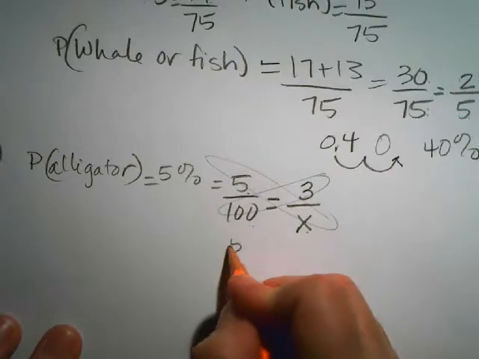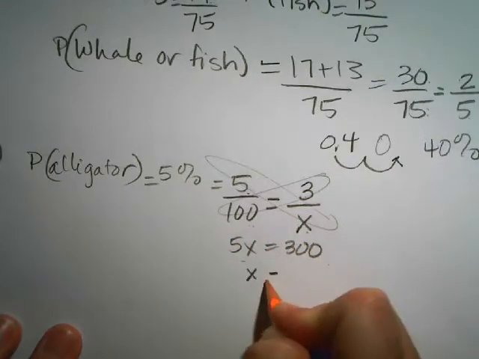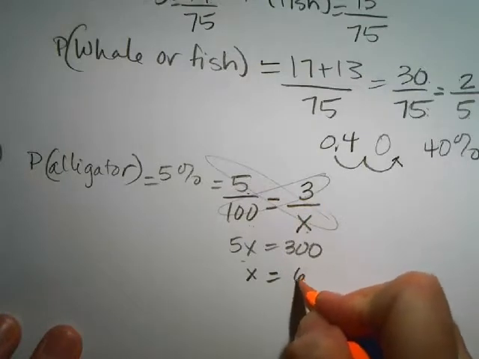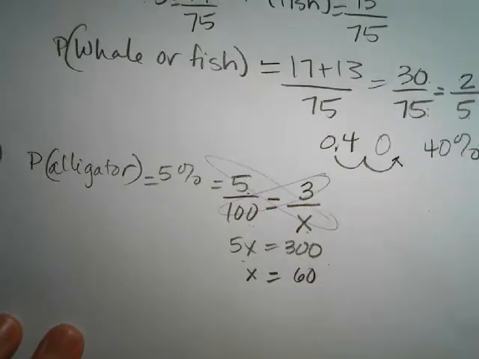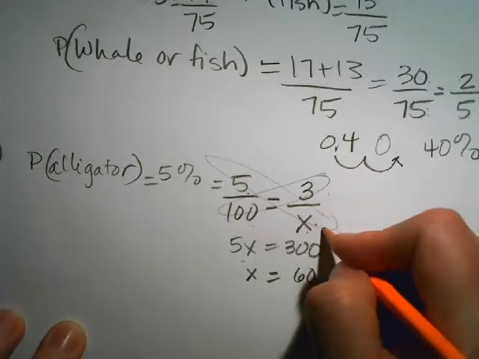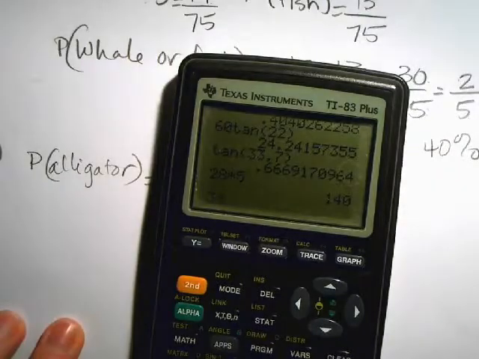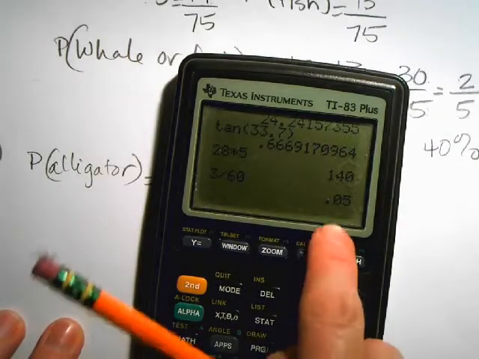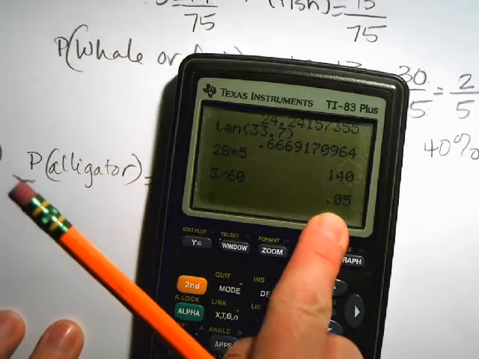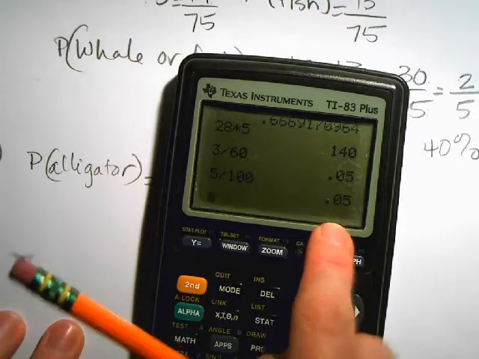So that gives me 5x equals 300. Divide both sides by 5, so x equals 60. So there must be 60 total animals. 3 out of 60. If you do 3 divided by 60, should come out to 5%, and that's 5% as a decimal. 5 divided by 100 is 0.05.